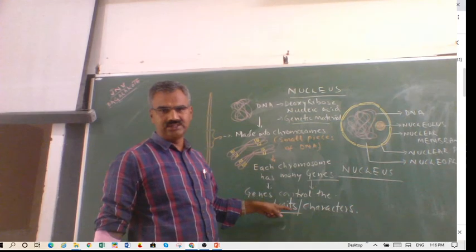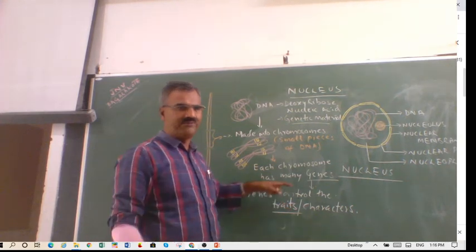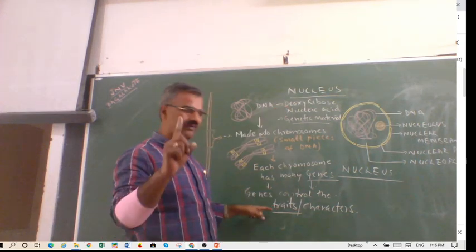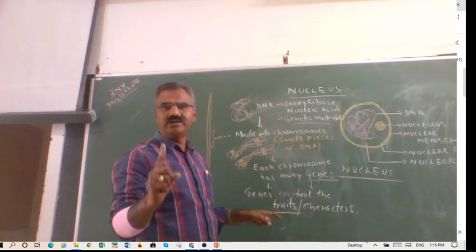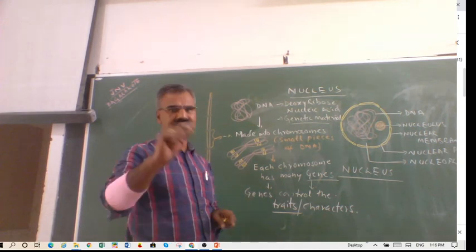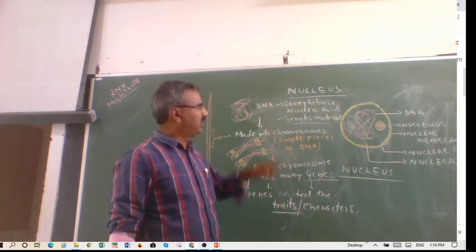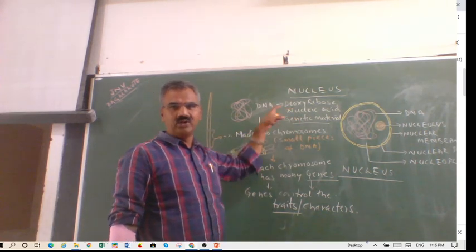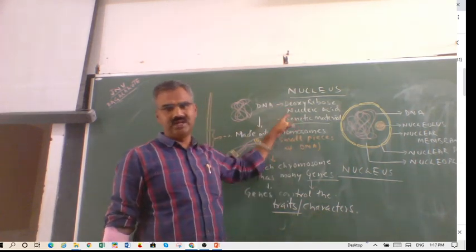And what are these genes? They are very small fragments of the DNA, and one gene is responsible for one trait in most cases. There are exceptions, of course. Ultimately, this DNA is called genetic material because all the characters are controlled by it.